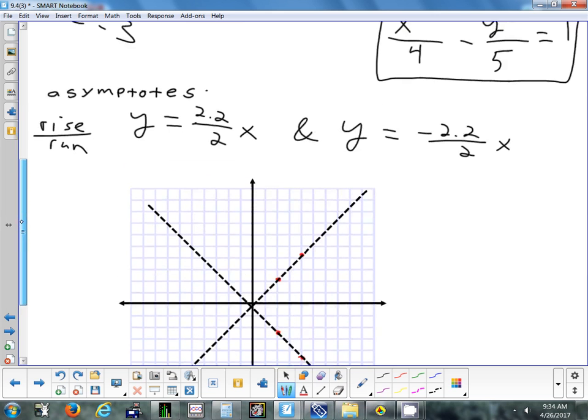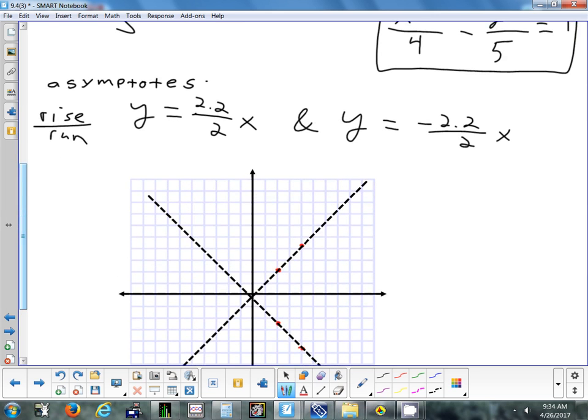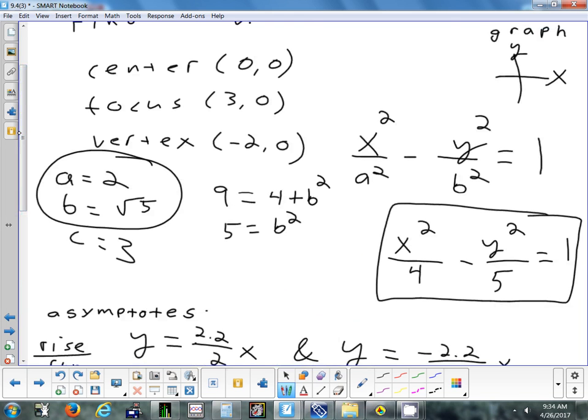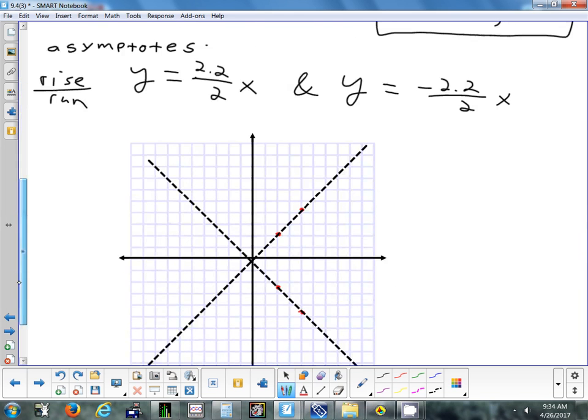Okay. So we have our X shape, and let's put in the vertex. Negative 2, 0. Now they didn't tell me the other vertex, but it has to be symmetrical. So where's the other one? 2, 0. And now draw your branches right through those points. Just try to stay close to the dotted line.